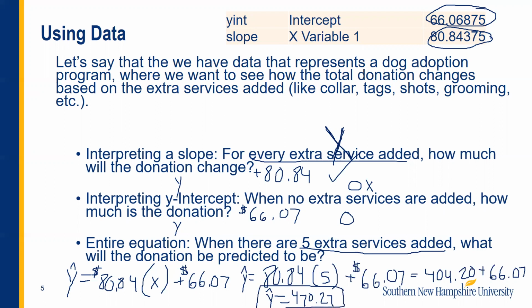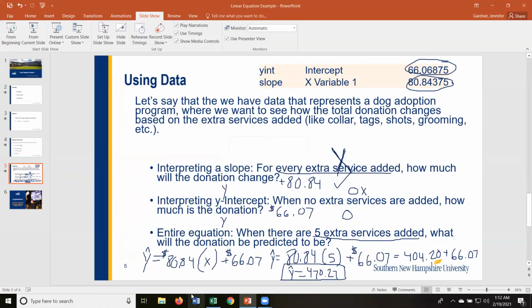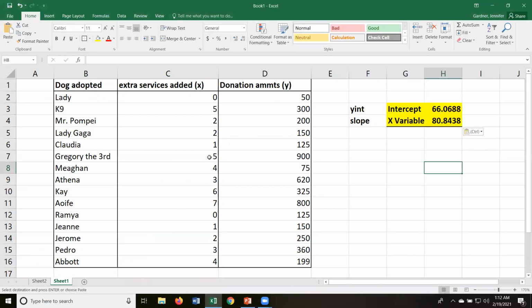We can predict what will happen. Okay? That is why it is super beneficial to learn this. We're trying to predict the average. That's not saying that every single person who gets 5 services is going to donate $470.27. In fact, let's go look at our graph, our data here.